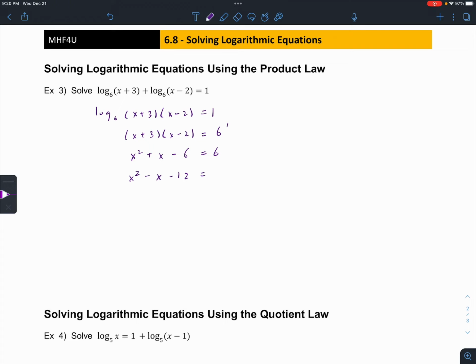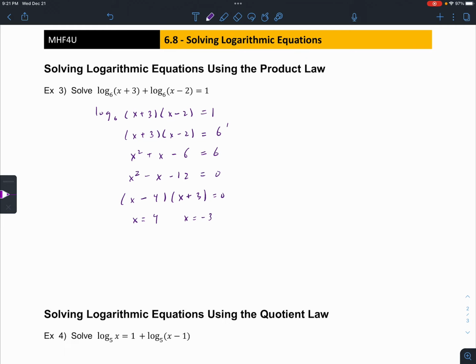So x squared minus x minus 12 equals 0, which factors to x minus 4 multiplied by x plus 3. That's going to equal 0. And then solving for the roots, x is equal to 4 and x is equal to negative 3 would be our solutions.